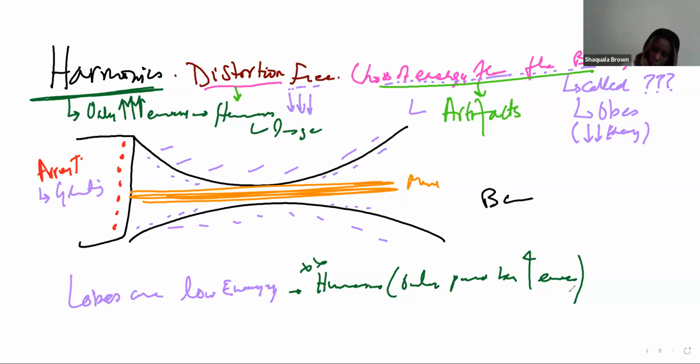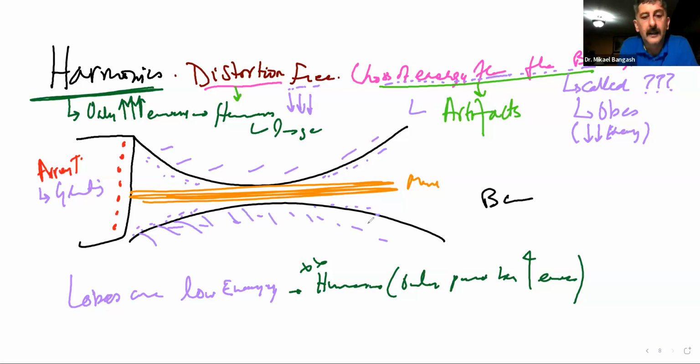Yes. Okay. And you can say since lobes generally are low energy. Why? Because when we talked about lobes back then, it was just this outer energy here that is able to escape the beam and form what we call the lobes.